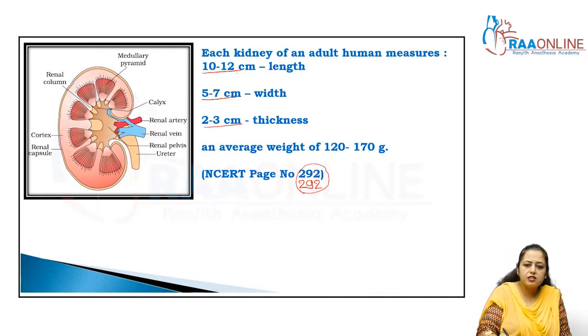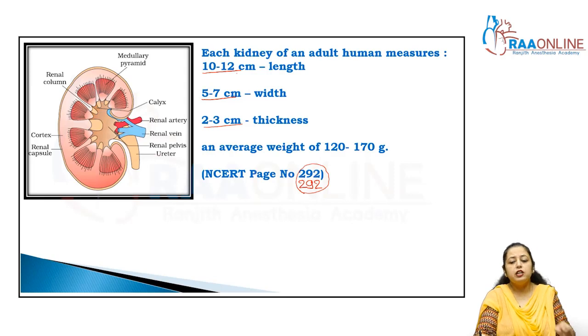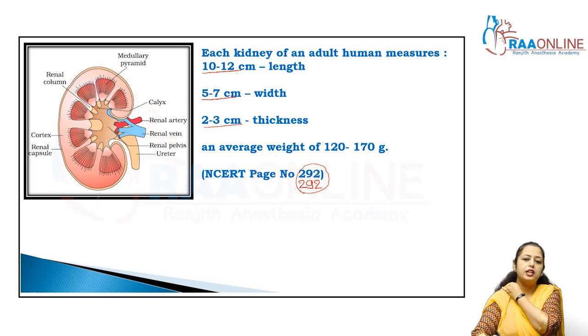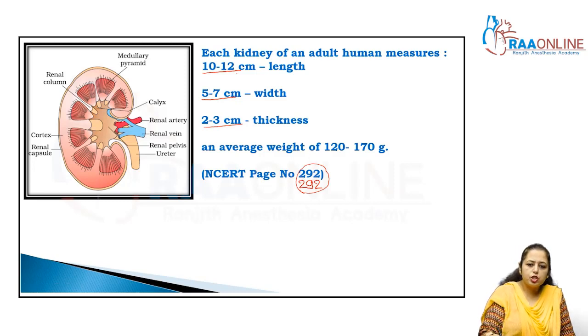So this is the exact line of NCERT. Each kidney of an adult human measures about 10 to 12 centimeter in length, 5 to 7 centimeter in width, 2 to 3 centimeter in thickness, right, and average weight is 120 to 170 gram.